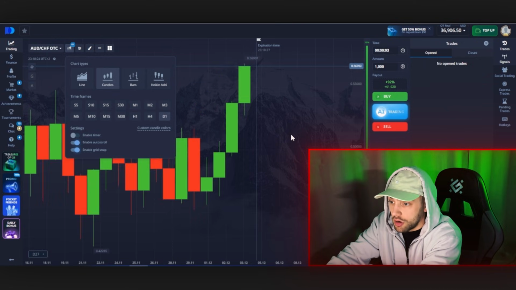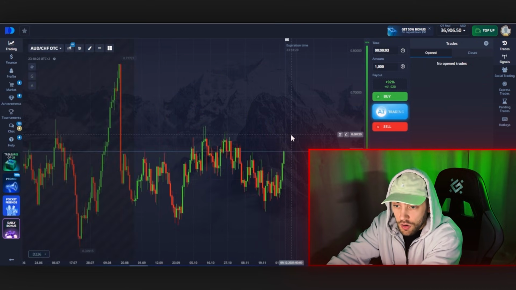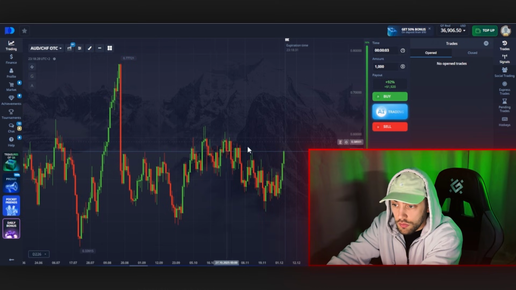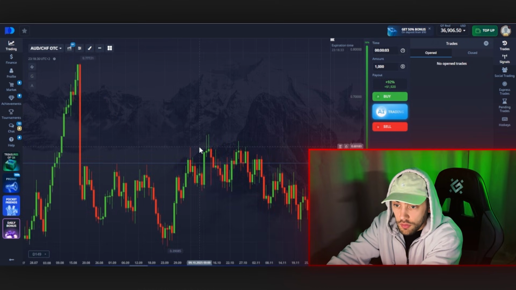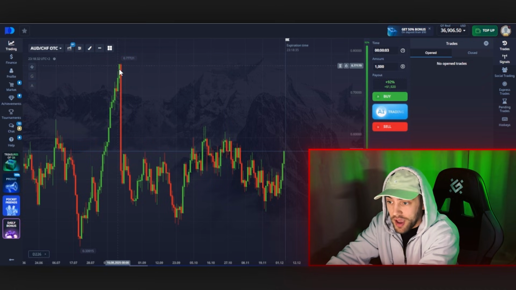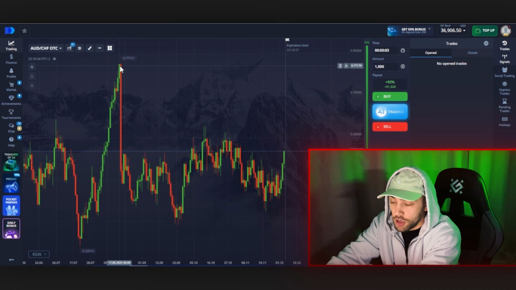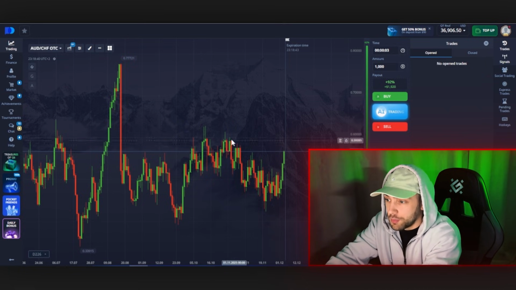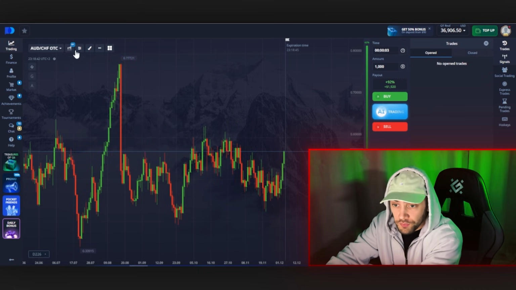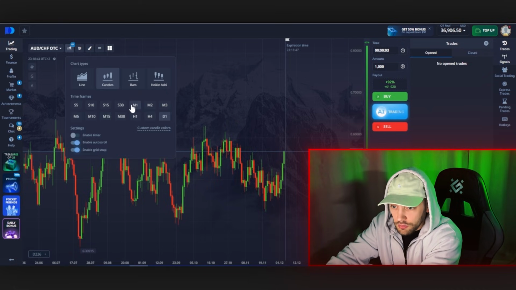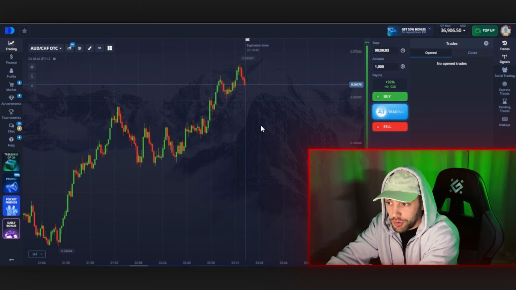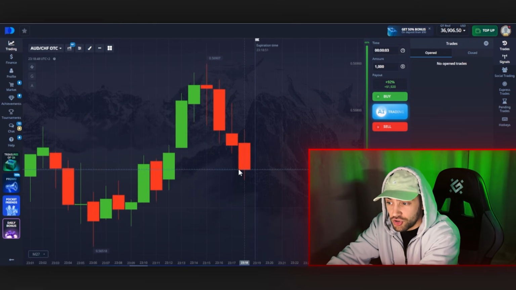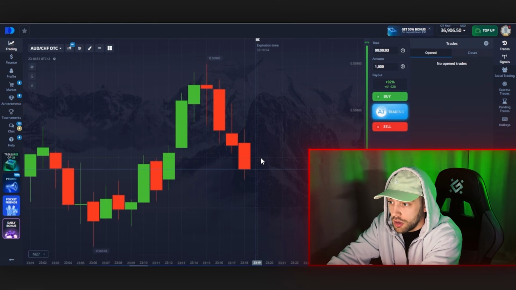The day chart, why not? So yeah, it reached this maximum and now it's just fluctuating in the middle somewhere here. There is a chance that it will break out higher, but if we check the minute chart, there is a downward impulse, and I think that soon enough we will open an order.